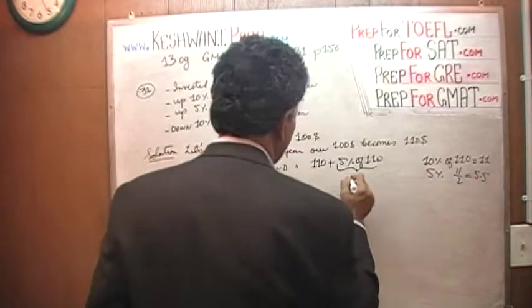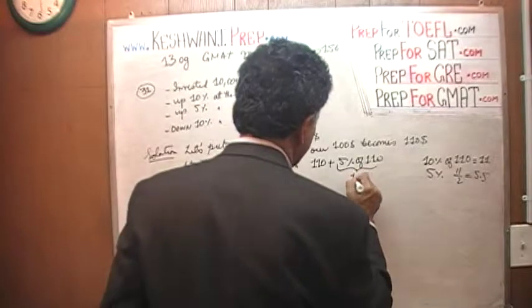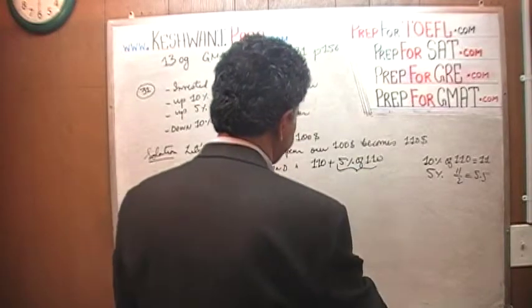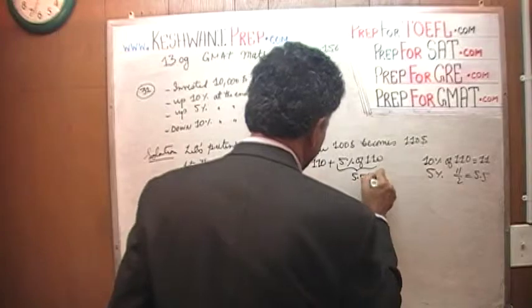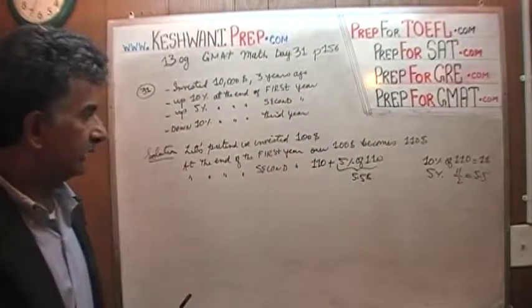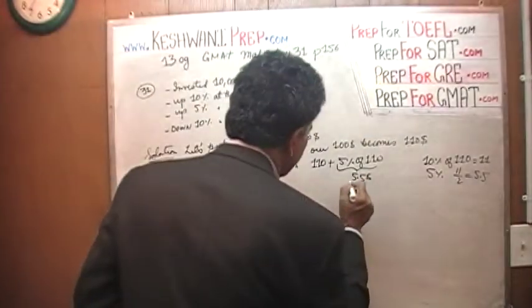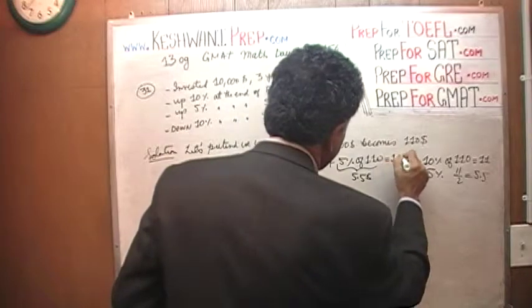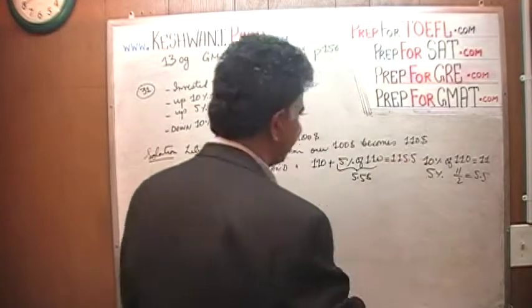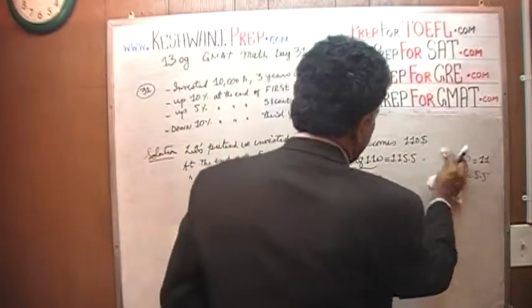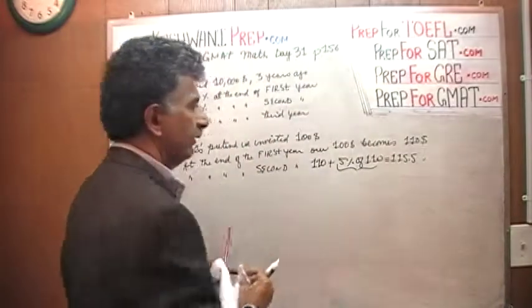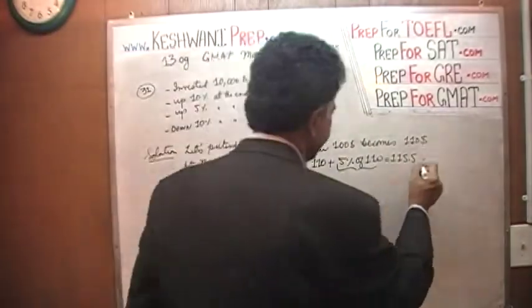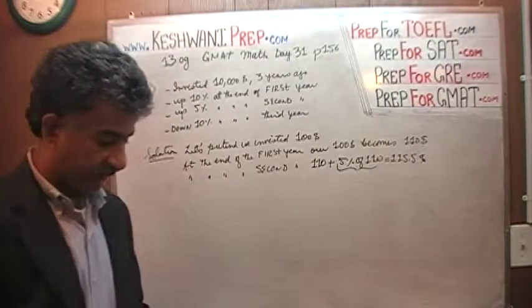So $5.50 is what we earn at the end of the second year. So it ends up at $115.50. That takes care of the end of the second year.